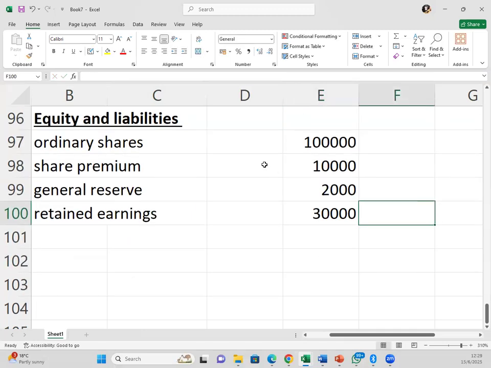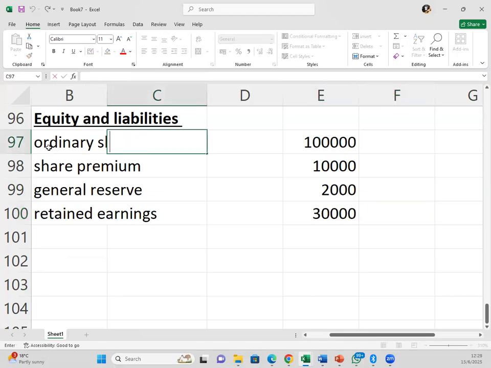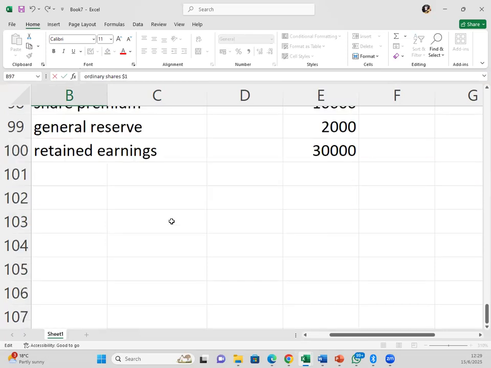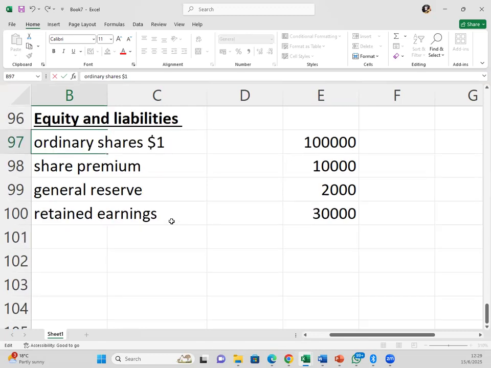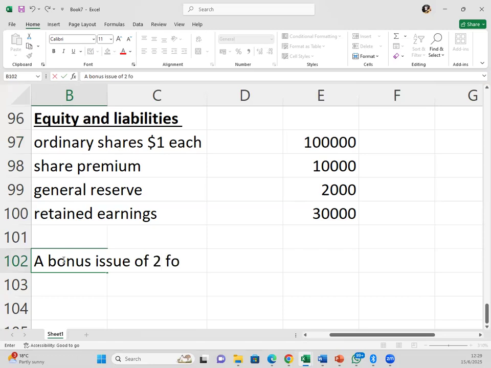Then we are told that these shares have a par value of $1. Then we are told that a bonus issue of, let's say, 2 for every 5 shares.